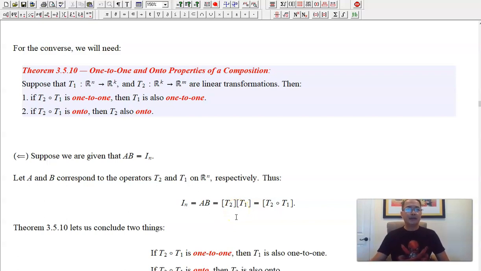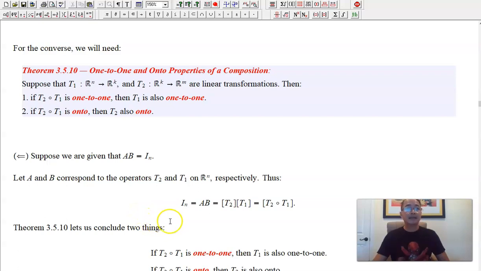Okay, so now what do we have? The matrix of T2 composed T1 is the identity. Well, if that composition has matrix identity, then the operator corresponding to that composition has to be the identity operator on Rn by the uniqueness of the matrix of a linear transformation.